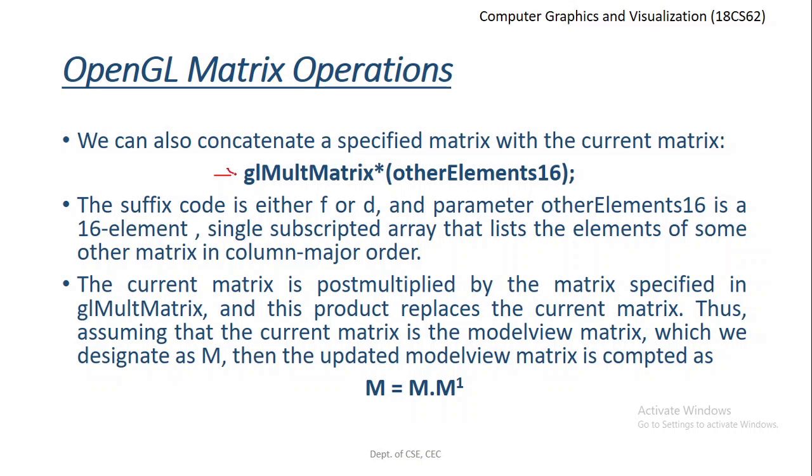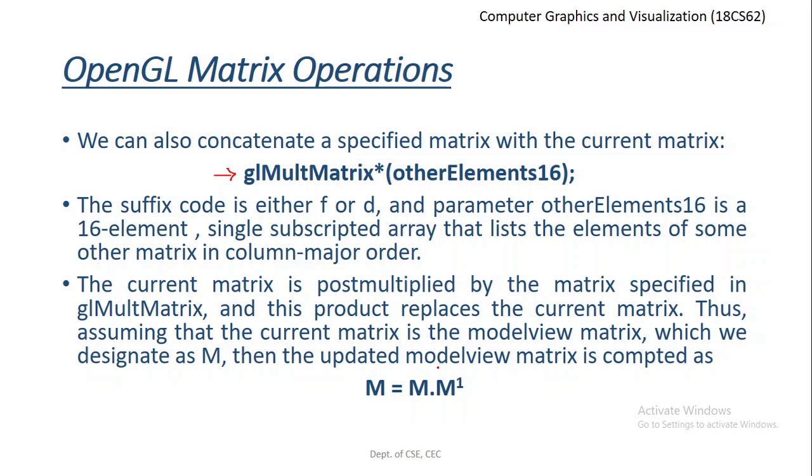The name of the function is glMultMatrix, that is MULT matrix, and again it accepts f or d as the suffix depending upon data type, and accepts an array name containing 16 elements as a parameter. So this will concatenate the current matrix with a specified matrix. The current matrix is post multiplied by the matrix specified in glMultMatrix, and this product replaces the current matrix.